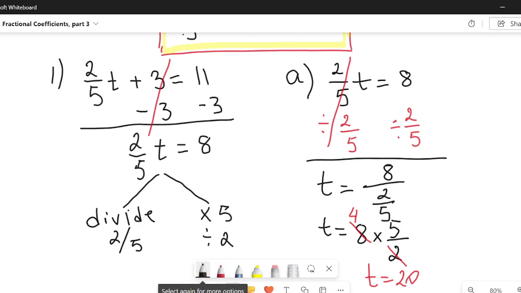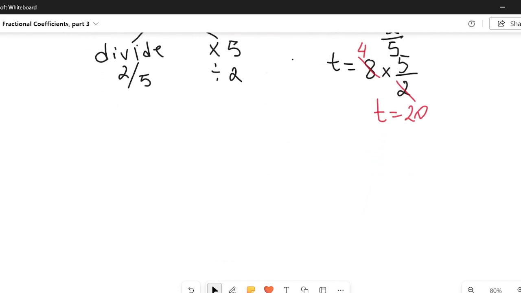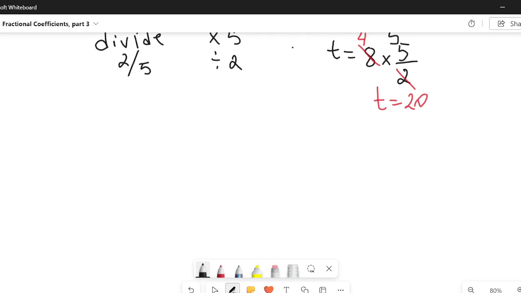Now, the second method, B, is kind of easier for students. Let me explain this second part. I'm going to write it here: 2 over 5 times t equals 8. Now, we can treat this as a two-step equation.